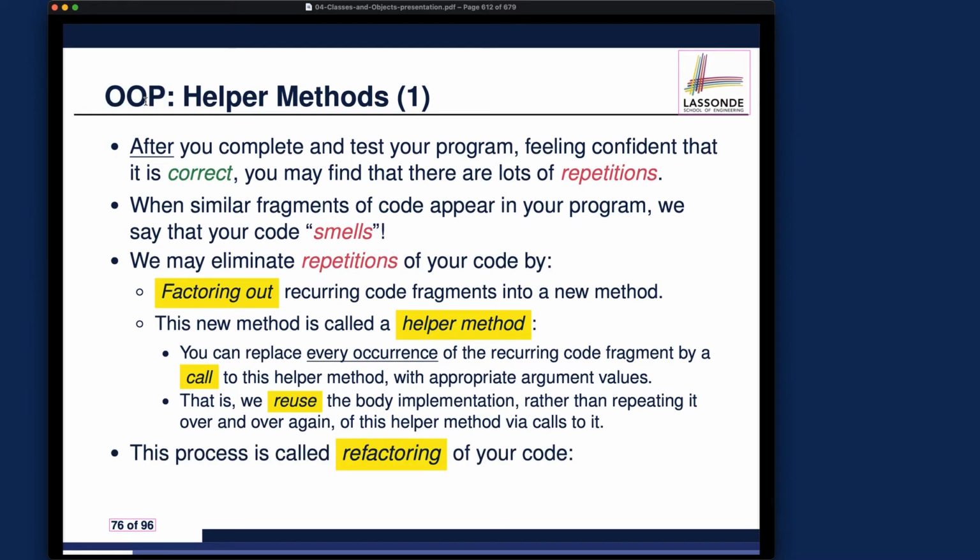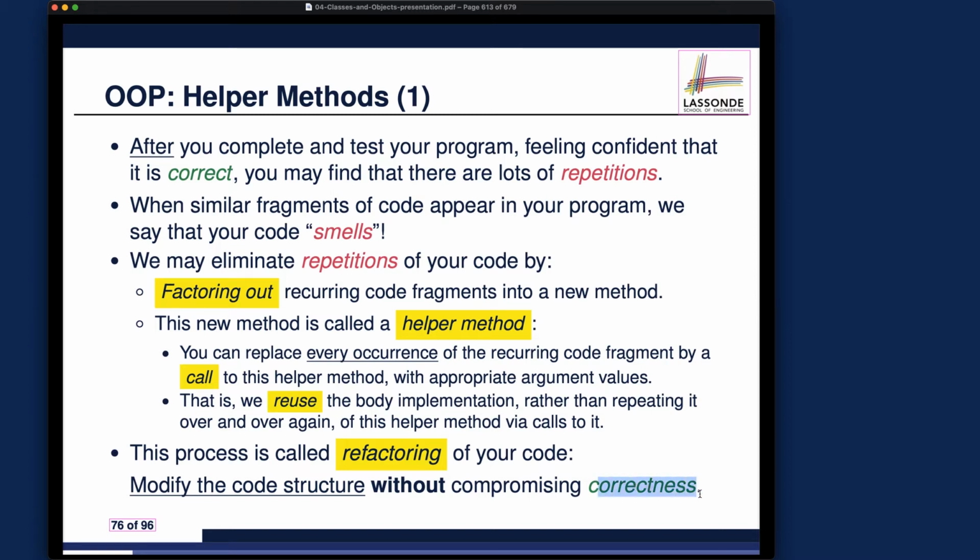The process is really called refactoring your code. When people talk about refactoring, what do they really mean? They mean the following definition. Whenever you want to refactor your code, for example, you may want to rename the methods, rename the class, or create helper methods and replace every occurrence of repetition by a helper method call. These are all examples of refactoring. To refactor your code means to modify the code's internal structure without compromising correctness.